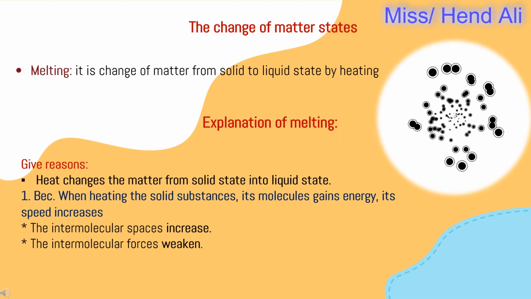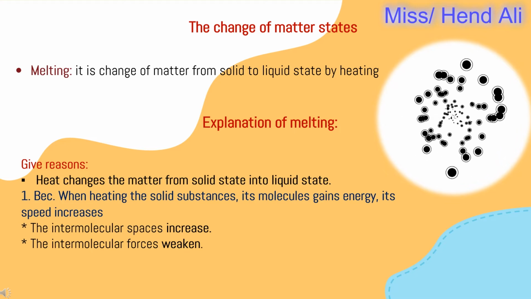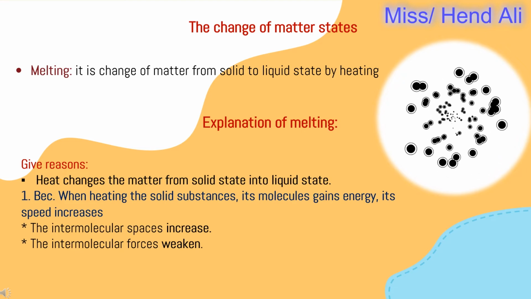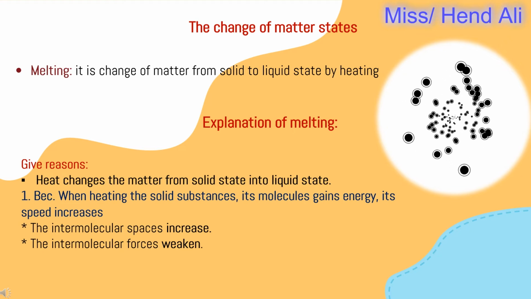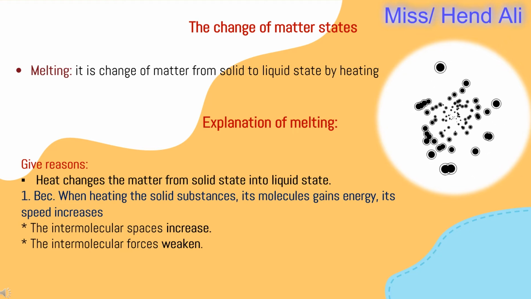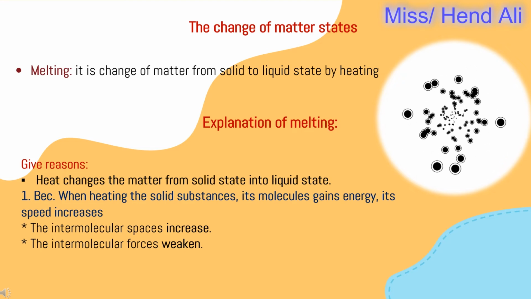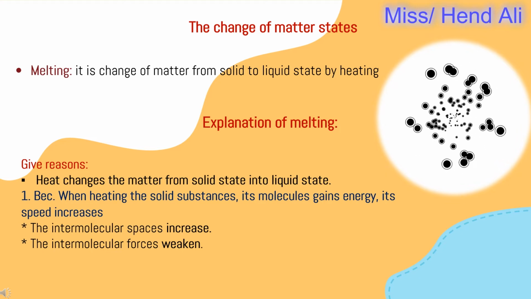So in heating the matter, what happens? The solid matter's molecules gain energy and their speed increases, the intermolecular spaces among them increase, and the intermolecular forces weaken. So the molecules become more free, as you can see in this image.